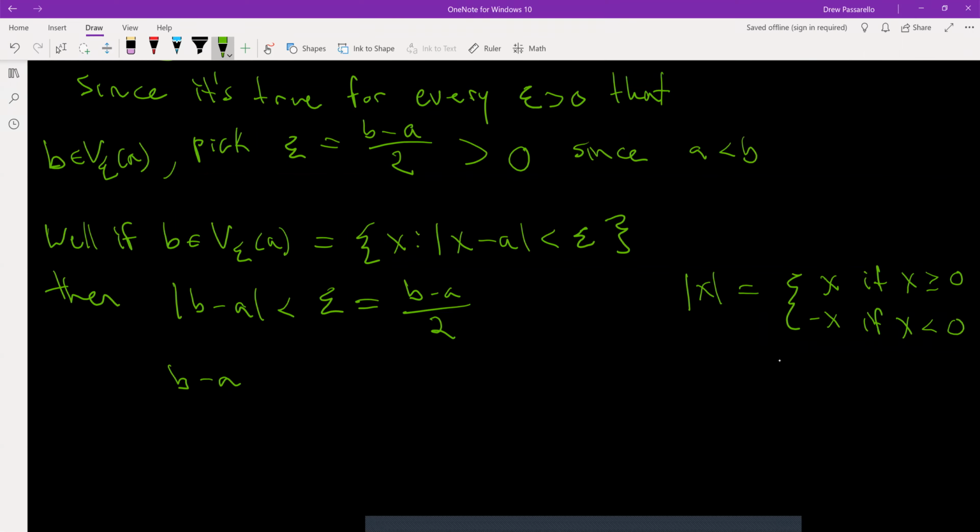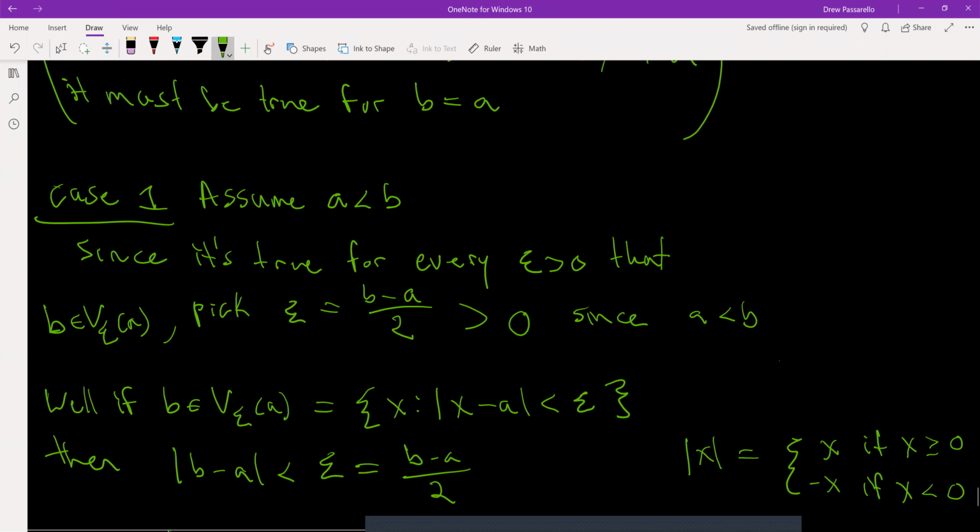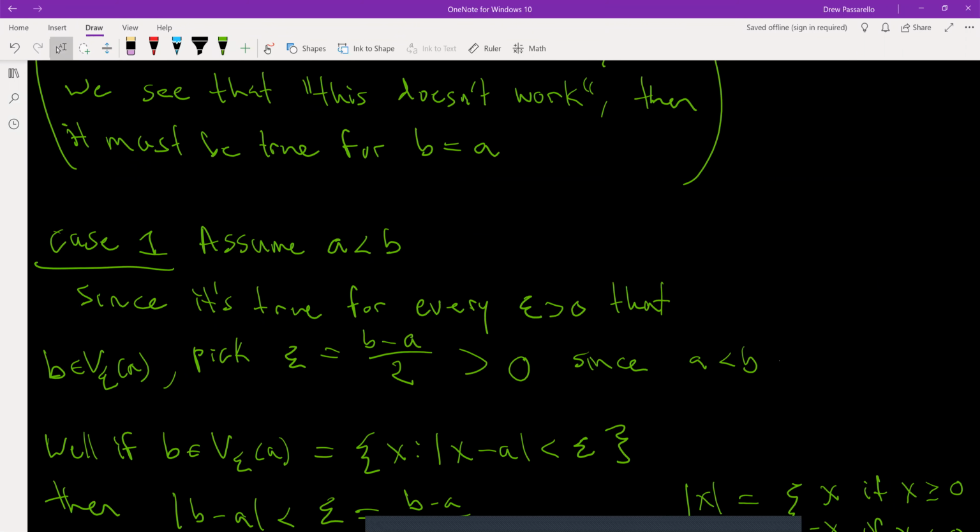Well, we know the absolute value of b minus a is going to be b minus a, since our assumption is a less than b, which is like b greater than a.